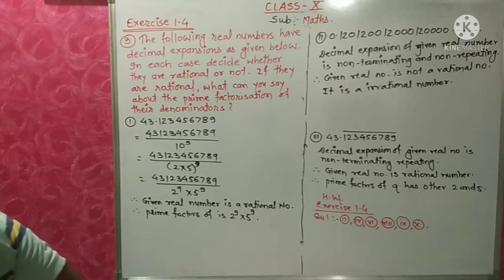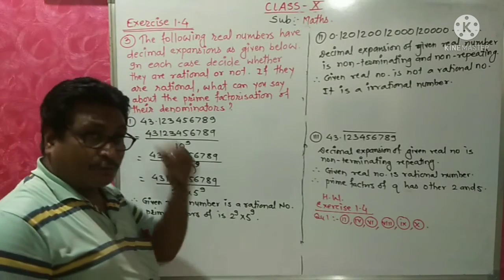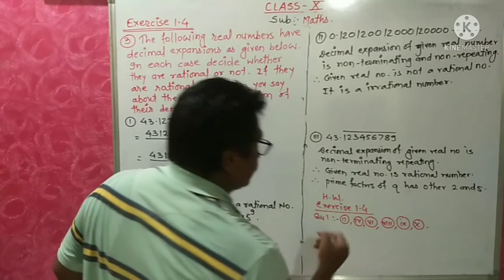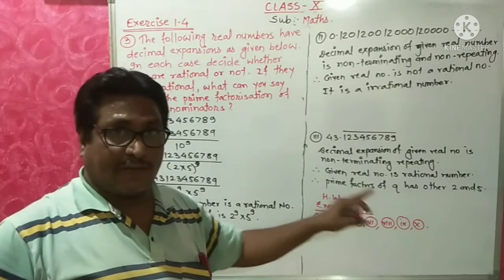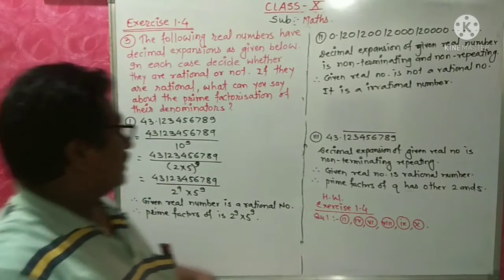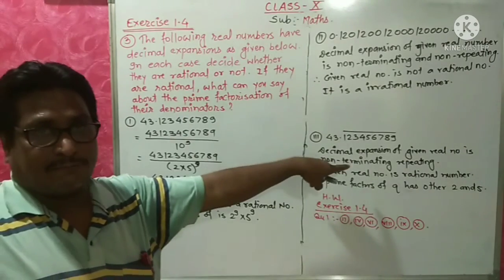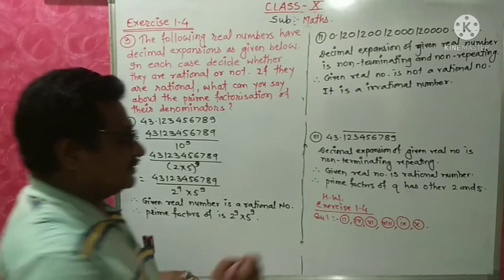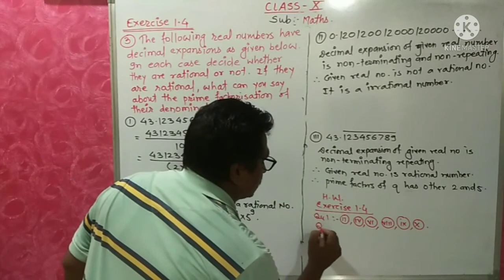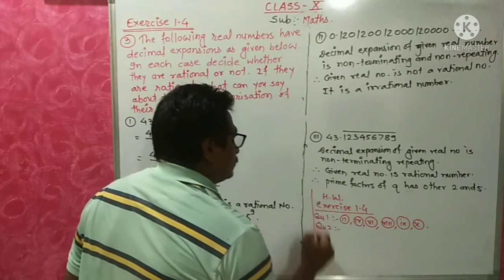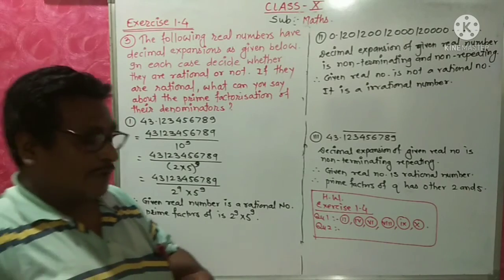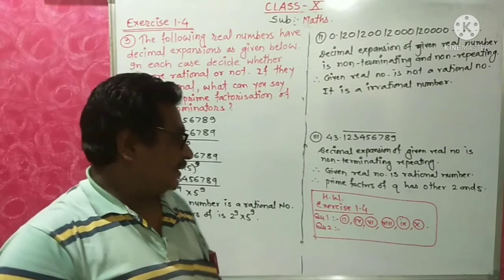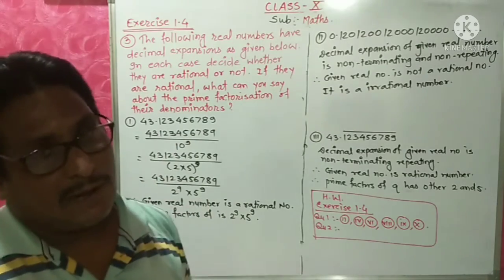Then question number 2: the complete question is there. From the first, for those which are rational numbers, only there you have to write the factors. And question number 3 I completed here. So this is the homework. You have to complete it and show me. If you have any doubt, you can ask me.